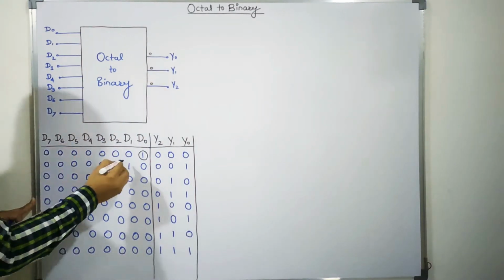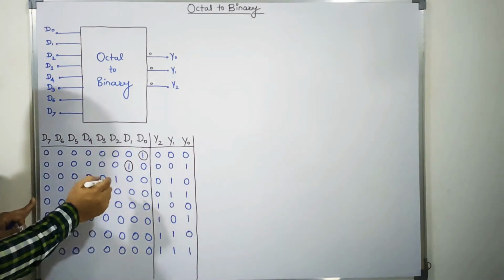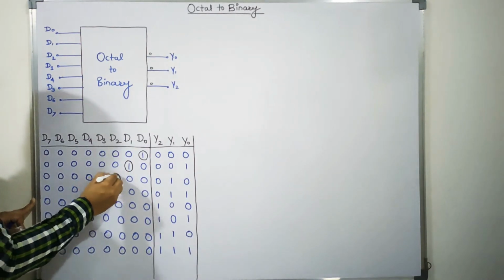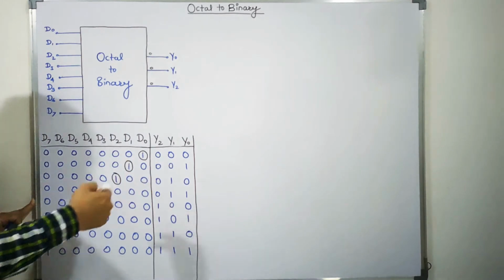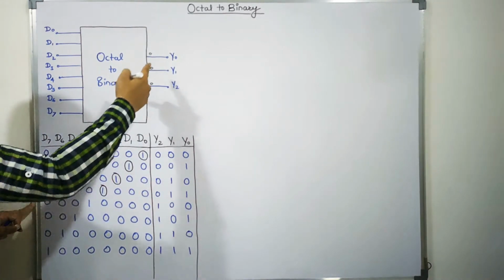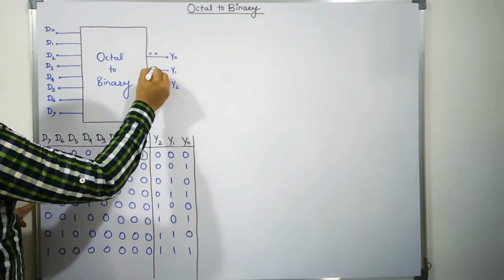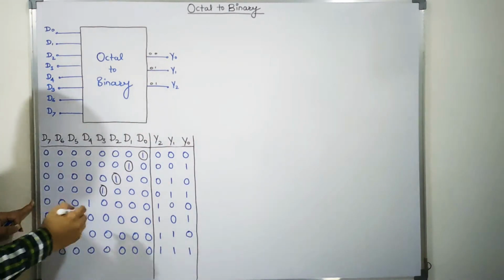Similarly, if D1 is high, we get the output 0 0 1. If D2 is high, we get 0 1 0. Likewise, if D3 is high, we get the output 0 1 1.